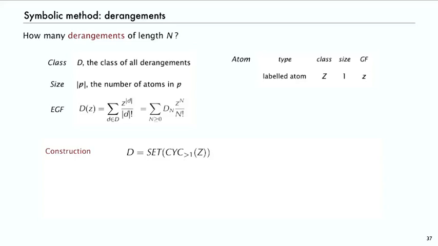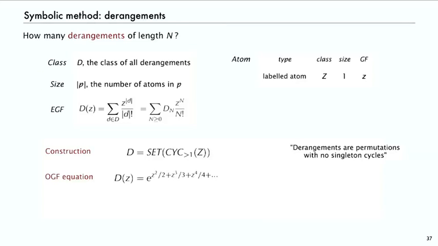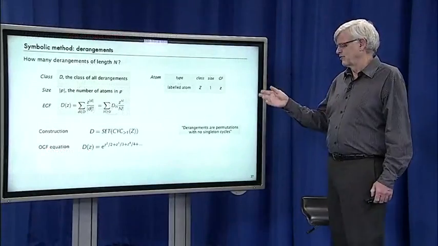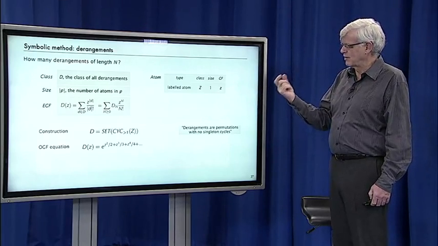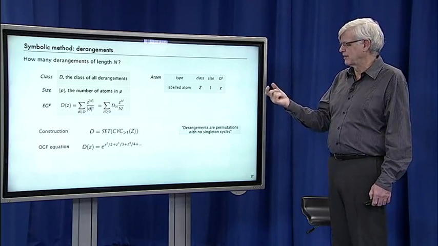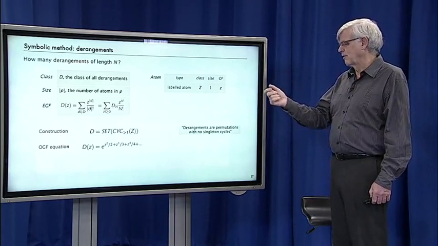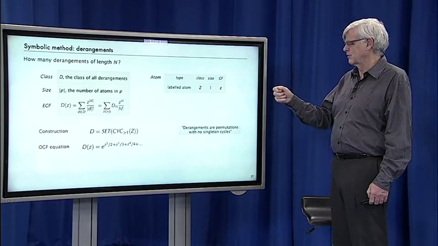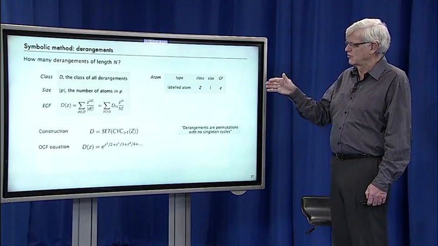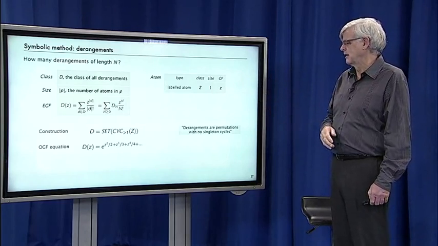That one immediately transfers. So derangements, or permutations with no singleton cycles, is what it says. And so set is e to the whatever it is, and what's the generating function for the cycles of length greater than 1? Well, the generating function for all cycles is z plus z squared over 2 plus z cubed over 3, and like that, and we're just leaving out the first term.